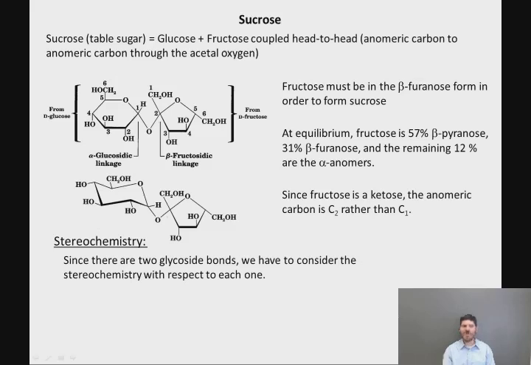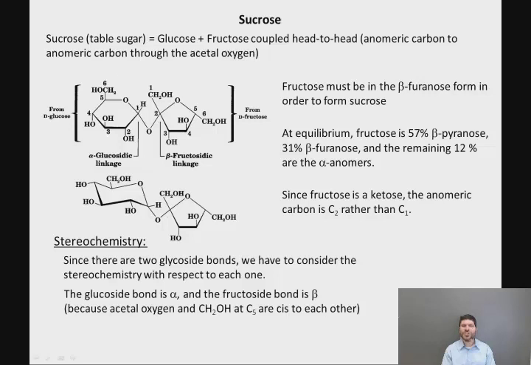So now, considering the stereochemistry of the glycoside bonds, since there are two glycoside bonds, we have to consider the stereochemistry with respect to each one. The linkage of the acetal oxygen to the glucose anomeric carbon, and the linkage of the acetal oxygen to the fructose anomeric carbon.